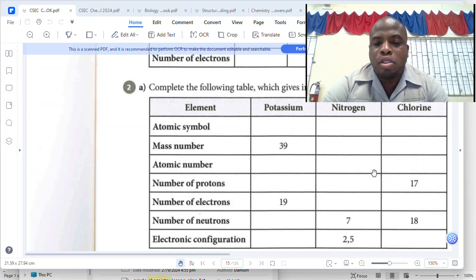Now this table speaks about the atomic symbol, the mass number, the atomic number, the number of protons, the number of electrons, the number of neutrons, and the electronic configuration.